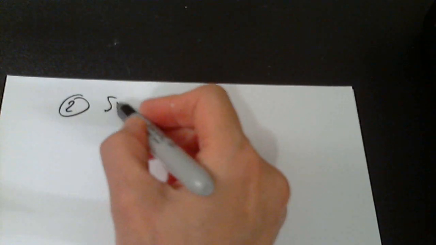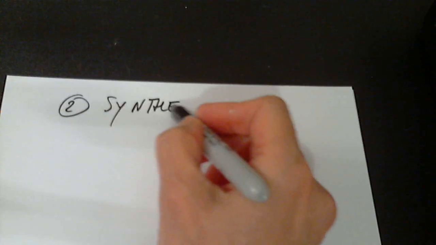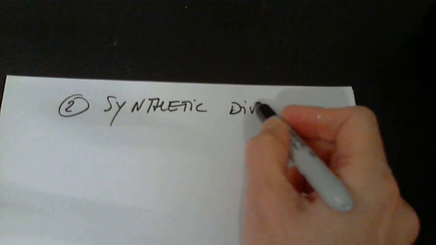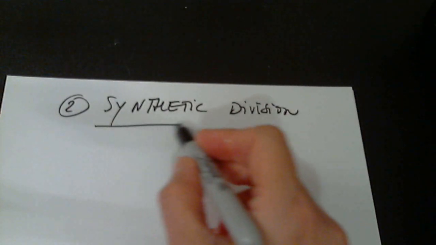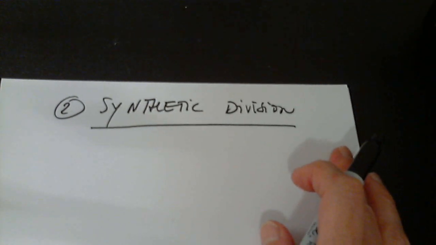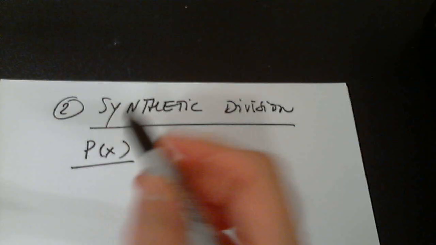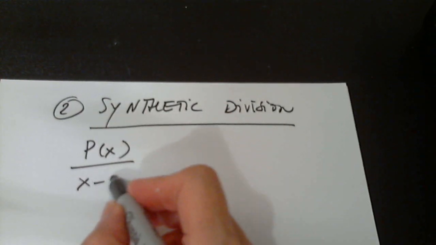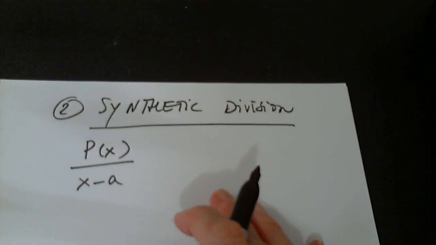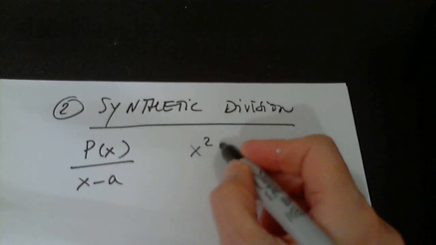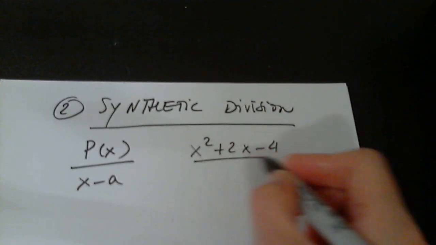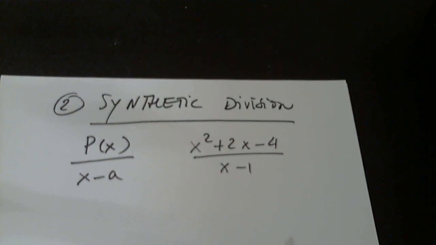I think you're going to like the synthetic division. The synthetic division does not work in any other case but x minus a number. As an example, x squared plus 2x minus 4 divided by x minus 1.